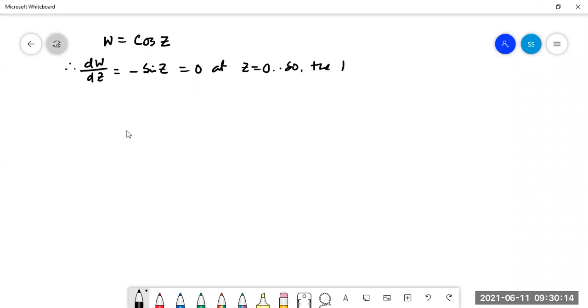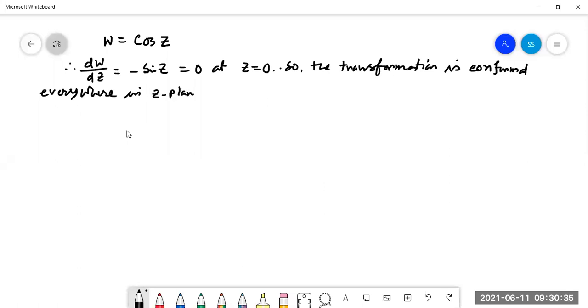So the transformation is conformal everywhere in the Z plane except at Z equal to 0.